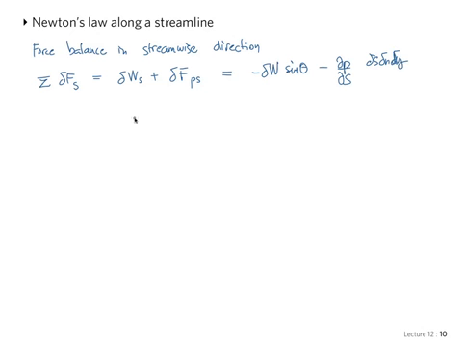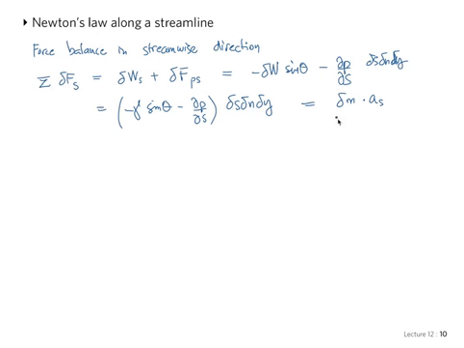That is equal to, for the weight, rho g, that is gamma, times the volume again. So I can put the volume outside and write minus gamma sine theta minus dp ds, and everything is multiplied by the volume, ds dn dy, and that has to be equal to mass times acceleration. So dm times the acceleration in the streamwise direction.